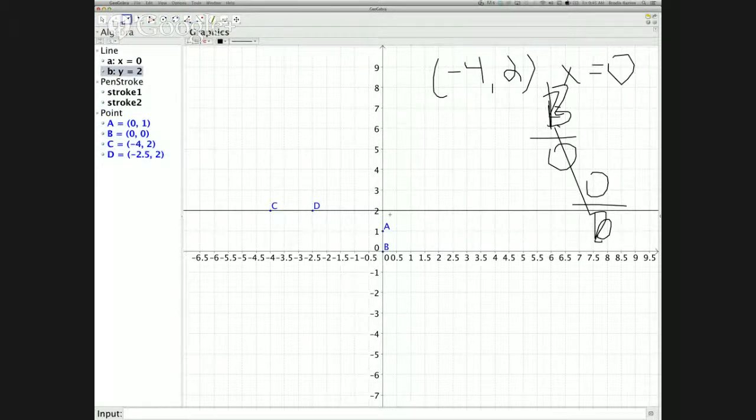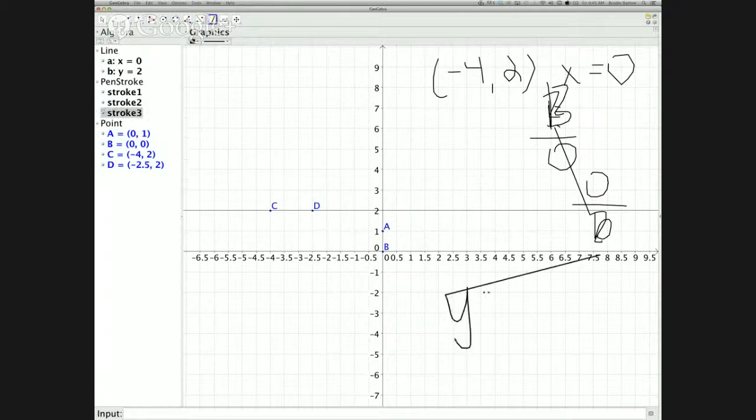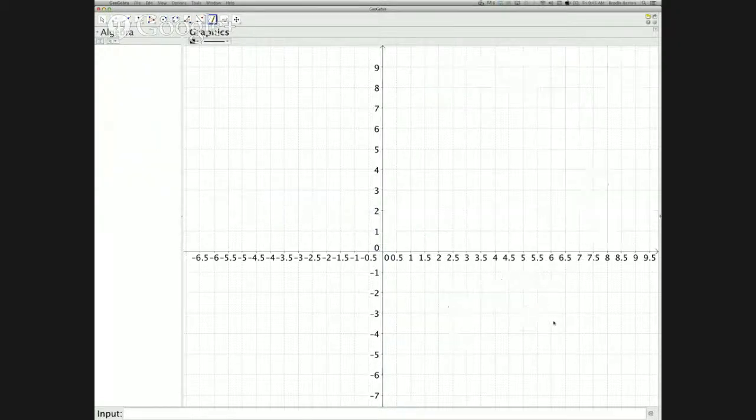Okay, and that line there is y equals 2. Horizontal lines are y equals, and all along that line y equals 2. So that's my answer. It's y equals 2. That was kind of a weird graphic one. So I'm going to do one more graphic one, and then the last one I'll do algebraically.